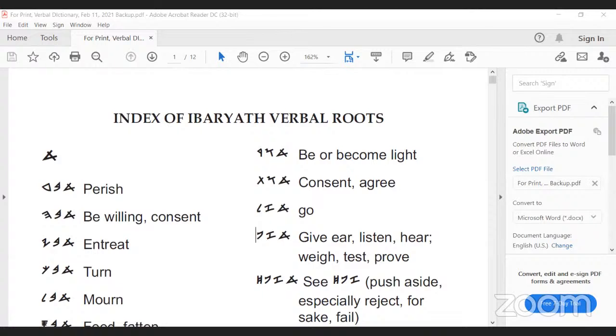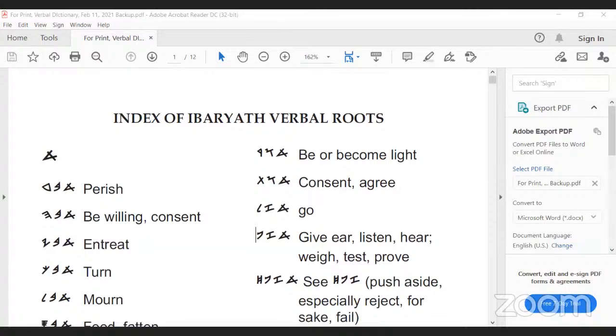The Index of Ibaryath Verbal Roots. This is a new book that I'm working on, and it will have every Ibaryath verbal root in the Hebrew scriptures. It'll have every last one of them.